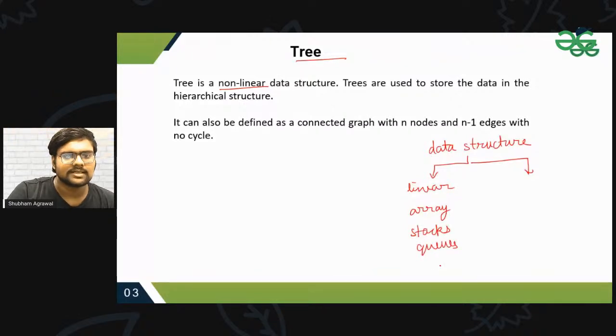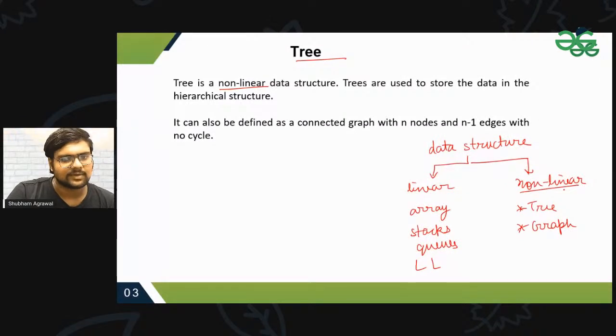In non-linear data structures we have trees and graphs. These are the two data structures in our non-linear category. In this session we are going to study trees, and in the later session we will study graphs.